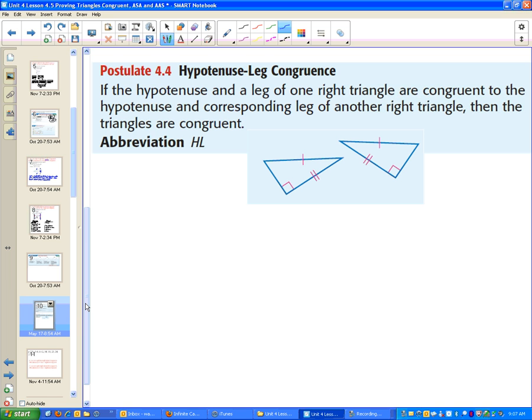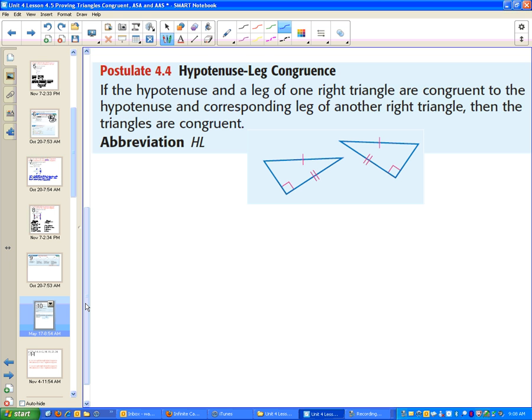Anyway, we might run into this. All right? It's not in our standards. It won't be on a Kentucky test. You might see it on the ACT. I'll try to find a problem here in the next couple days if this is the method you have to use.